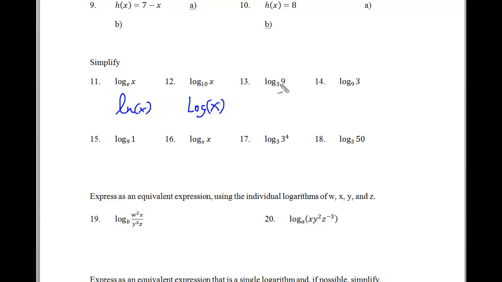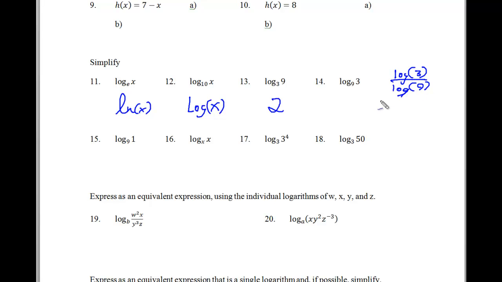Now here, you have to think to yourself, 3 to the what power is 9? The answer is 2. Now you have to think, 9 to the what power is 3? So you might be a little clueless on this one, or you might think the answer is negative, but it really is a decimal. So if you need some help here, use the change of base formula and go log of 3 divided by log of 9.